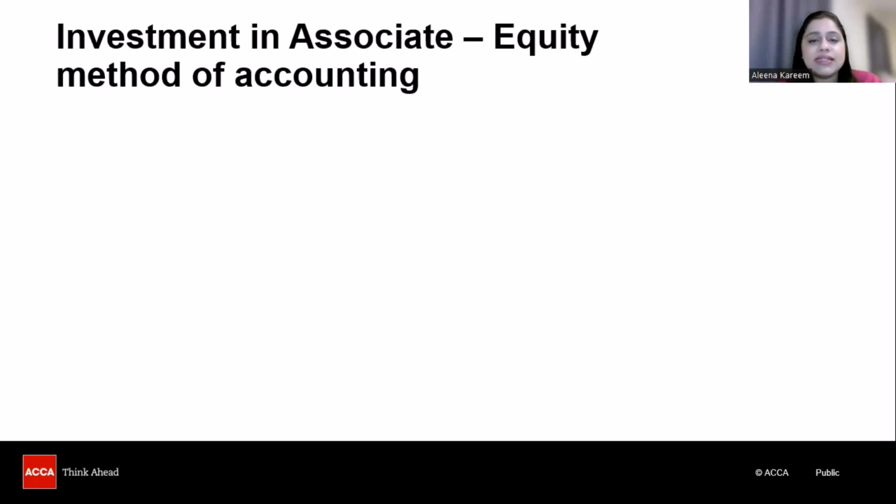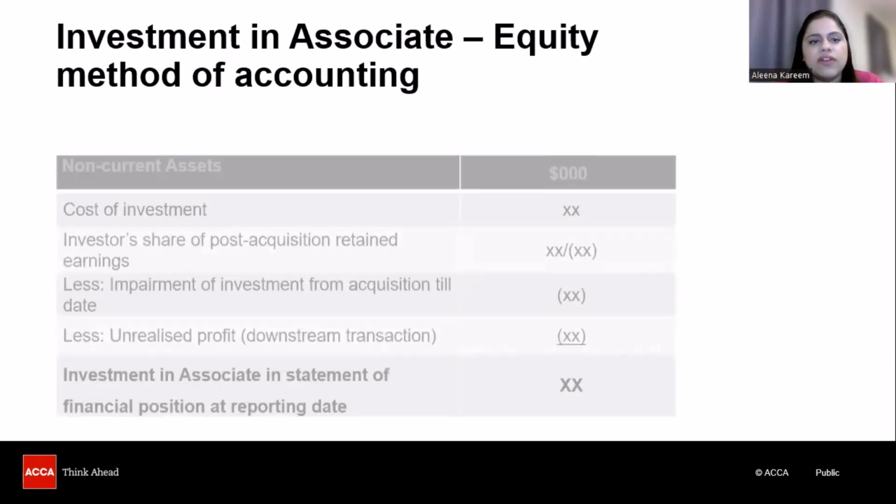Now, the associate company has earned a profit during the year. And out of that, because we had a 25% shareholding, we want to have a 25% share. So that profit we can take up. But then some part of it would be distributed also as dividends. So we basically pick up the post-acquisition retained earnings and use them in our working over here.